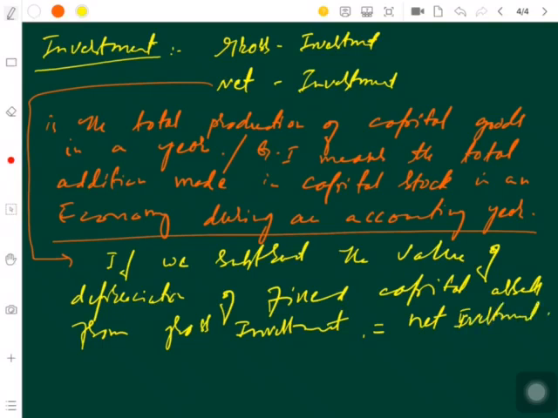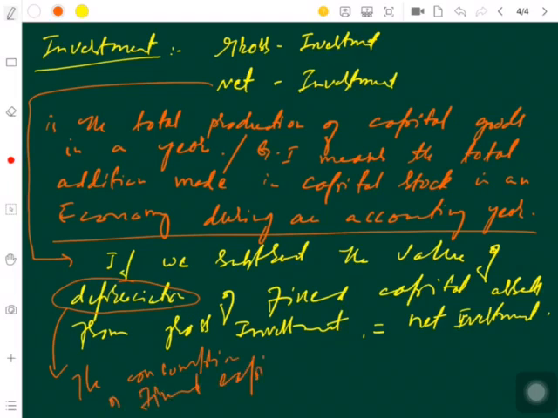Bear it in mind that the word depreciation is very important for you. It is also called the consumption of fixed capital. The consumption of fixed capital. Bear it in mind because we will be using these terms time and again.